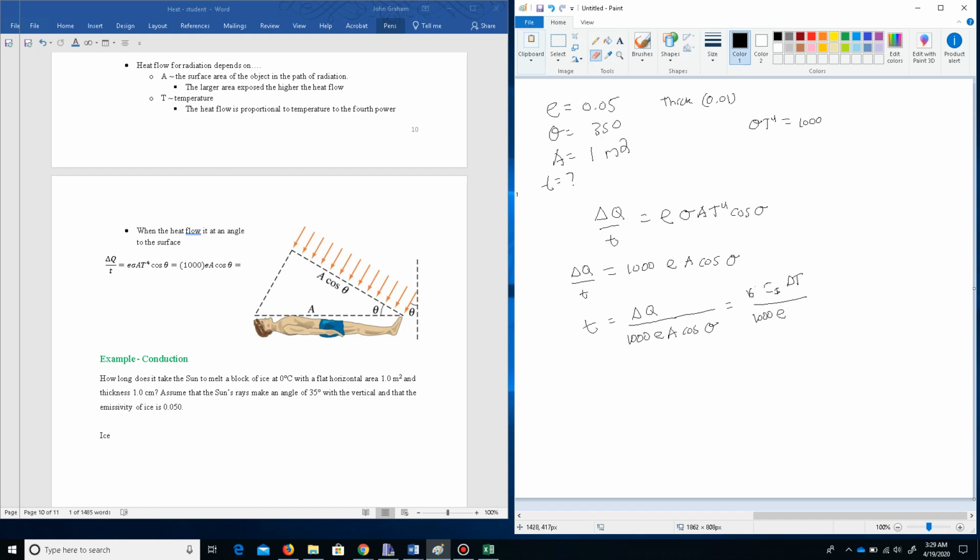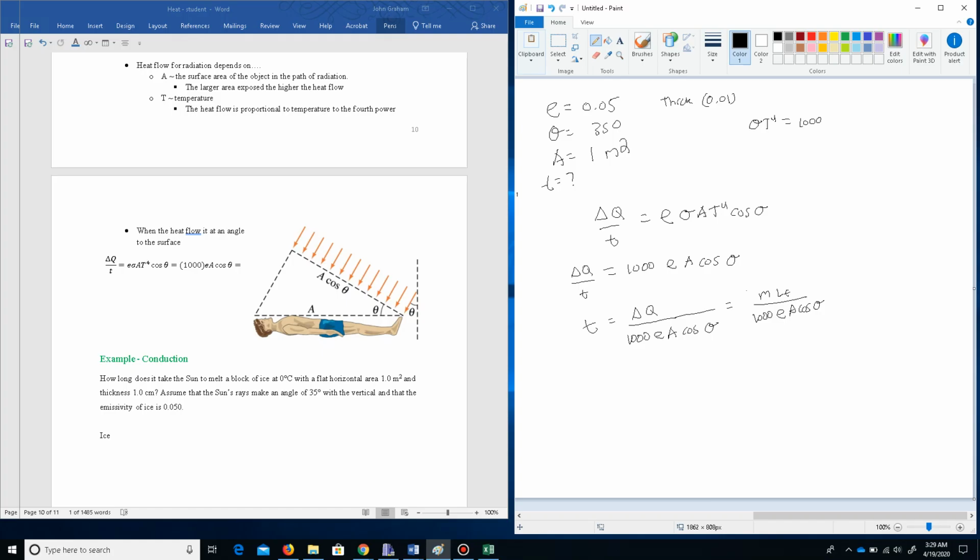We don't have a change in temperature. We're at 1 temperature. It's going to be the mass times the heat of fusion over 1,000 E A cosine of the angle.